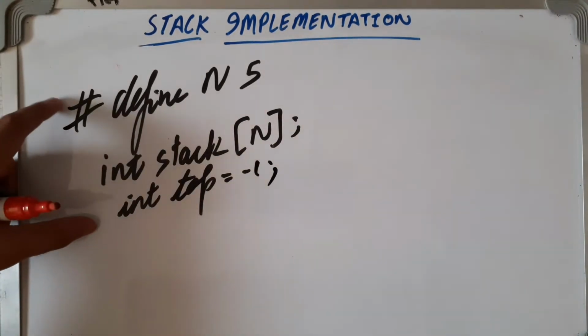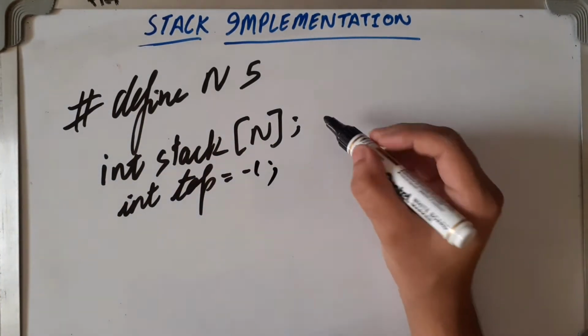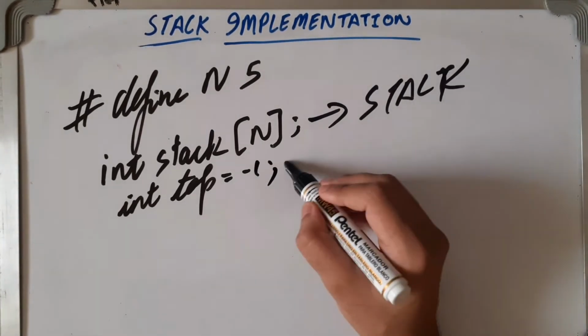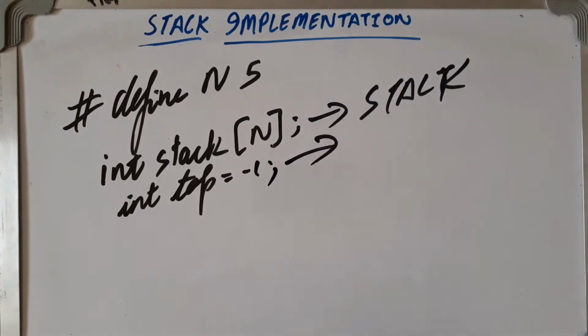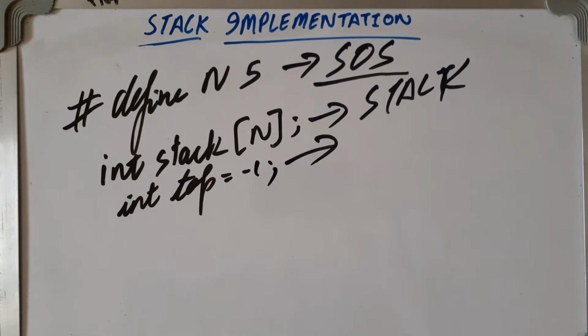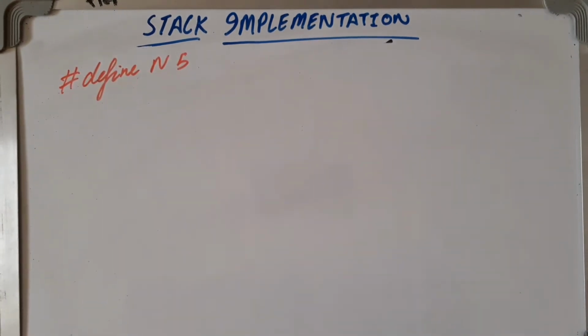You can define the stack like this. This is our stack, this is how we check whether the stack is full or not, and this is the size of stack, SOS is size of stack.